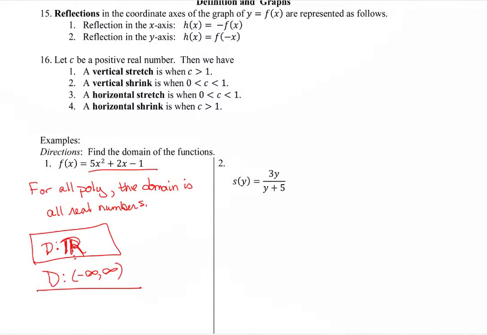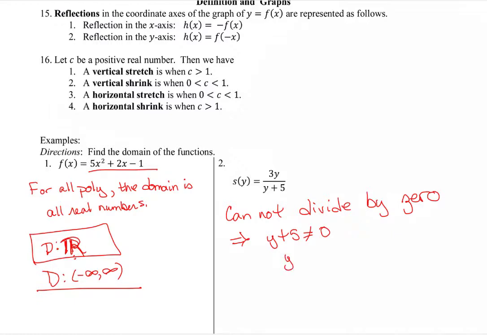All right. If I have a fraction, what you have to remember is that you cannot divide by 0. So that means that y plus 5 cannot equal 0. So y cannot equal negative 5.